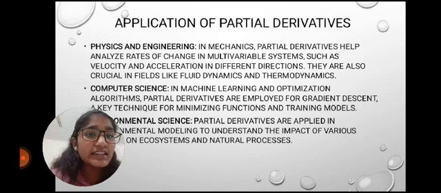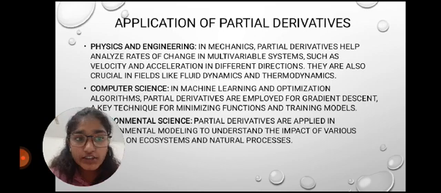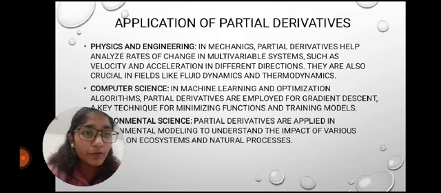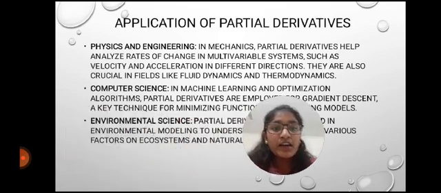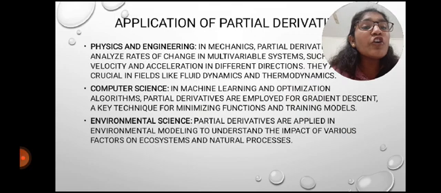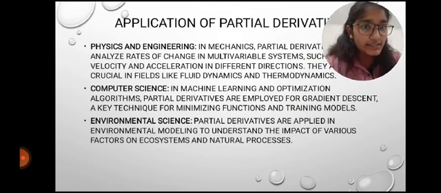In machine learning, for optimizing algorithms, partial derivatives are employed in gradient descent as a key technique for minimizing functions and training models. Next, it is used in environmental science.